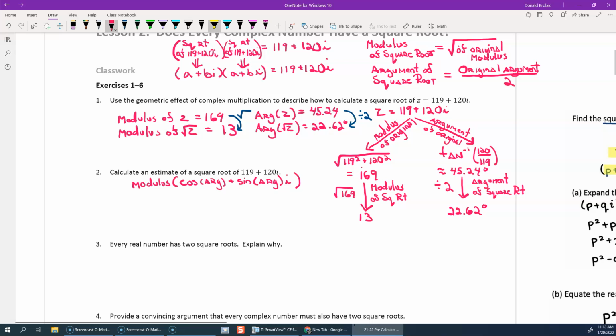Okay, so now all we got to do, guys, is drop these guys in. That goes right there. And yep, this guy goes right there.